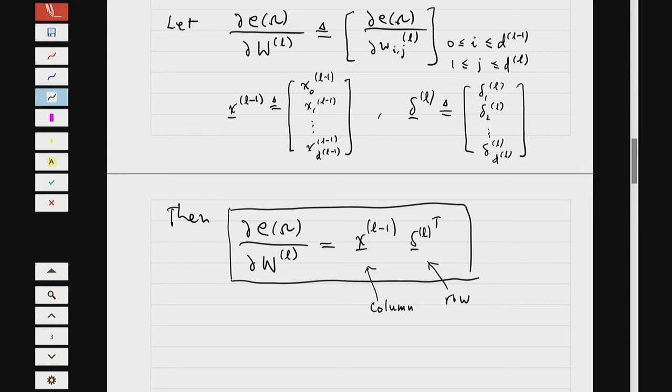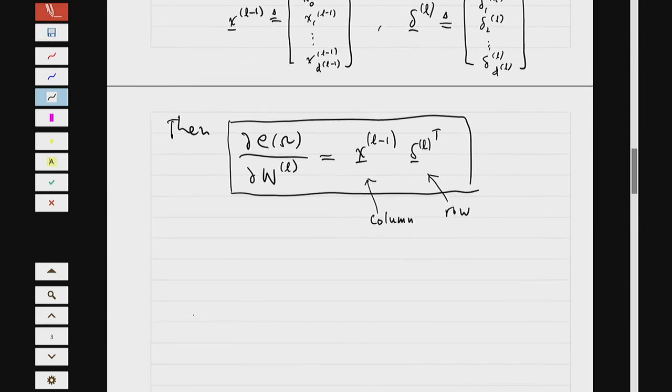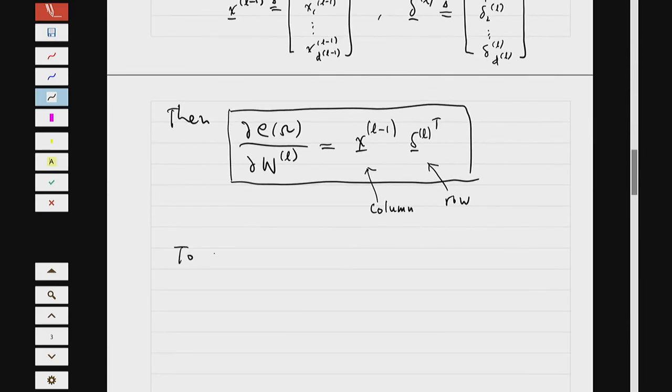We need to calculate it at this point. So the next step is how do we calculate this in an efficient manner? In the end, we're going to have a method that does it in big O of Q complexity, and that's the back propagation. We calculate this layer by layer from the back. So the next one is to compute delta of L backwards.